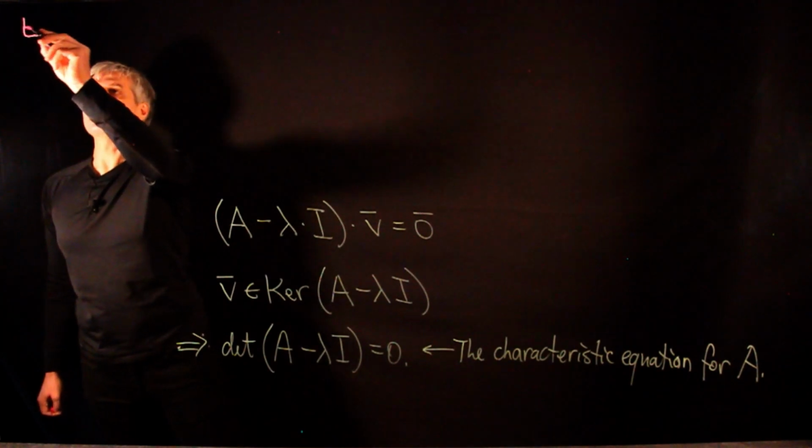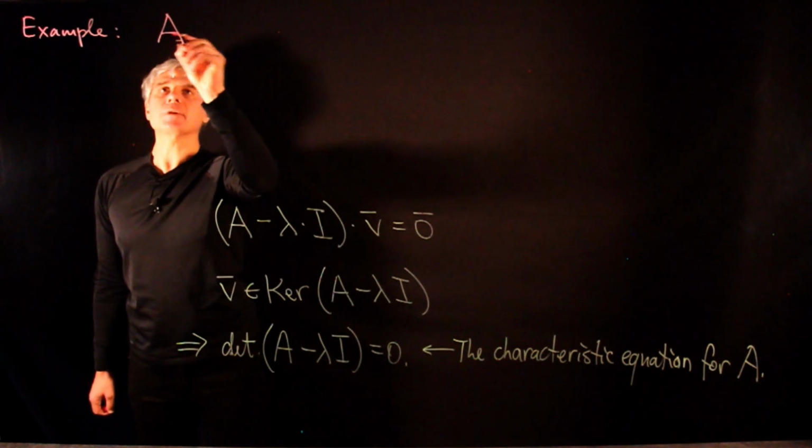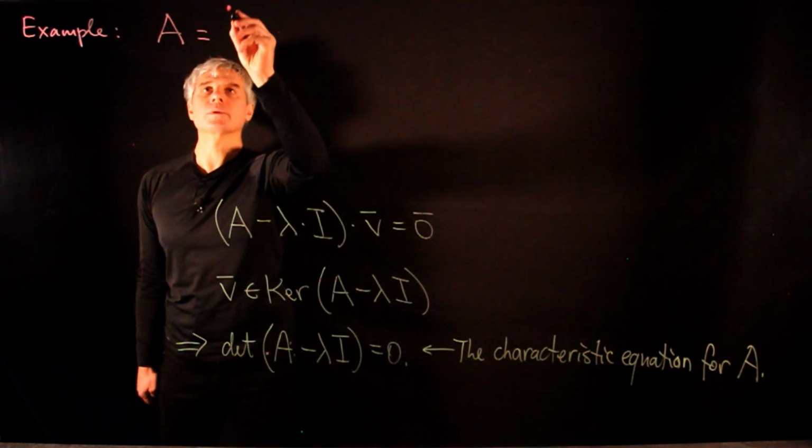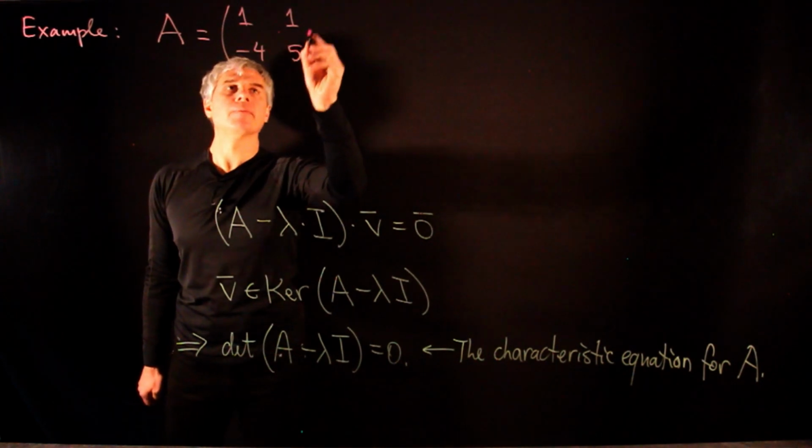Let us consider an example. Let us take a matrix that we already considered before. So we have 1, 1, minus 4, 5.